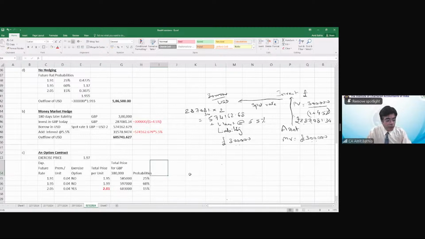So what is going to be my total outflow now? Total outflow will be total price into 25%. That brings me to the total amount, which is 594,900.